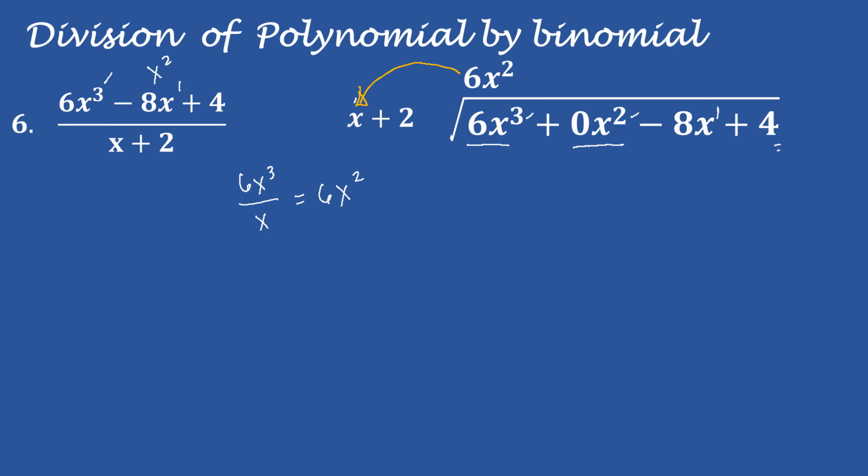distribution. 6x squared times x will give us 6x cubed. And then 6x squared times 2 will give us positive 12x squared. And see, we were able to put a 0x squared there, because as I said a while ago, there will be a term written in line with this. Okay, so let's proceed to the next step. We are going to subtract them.